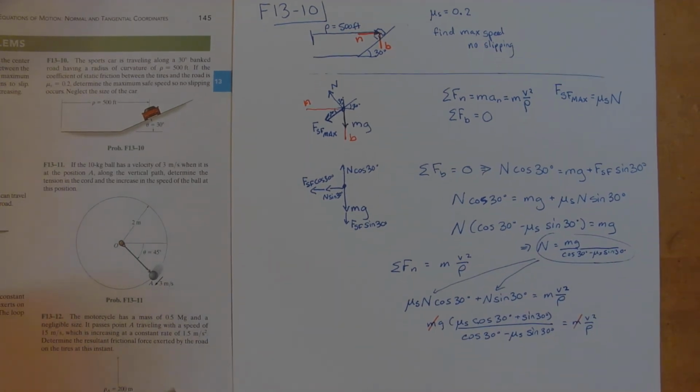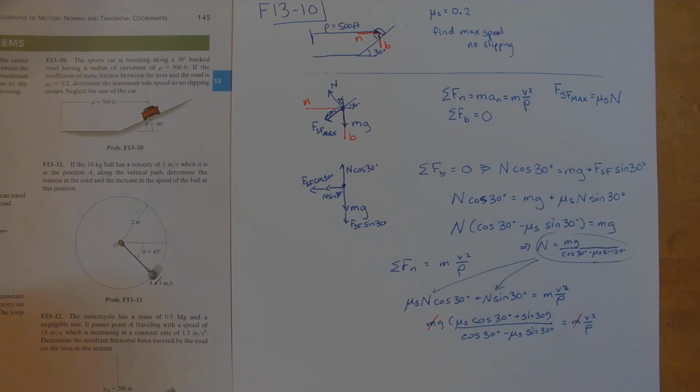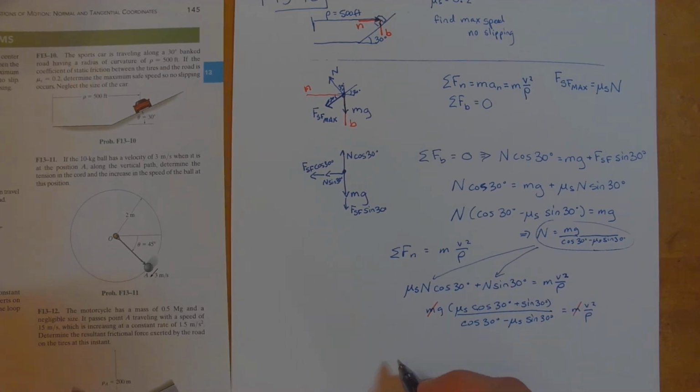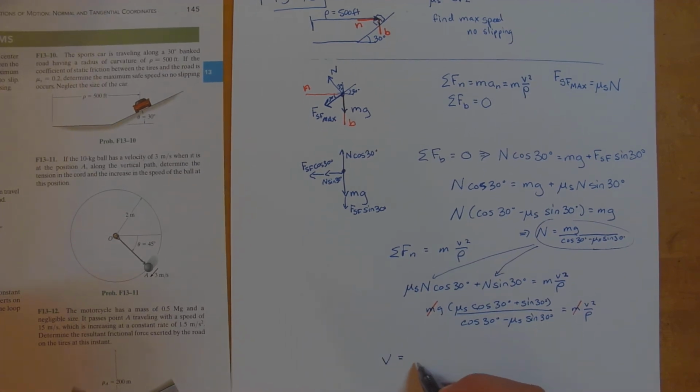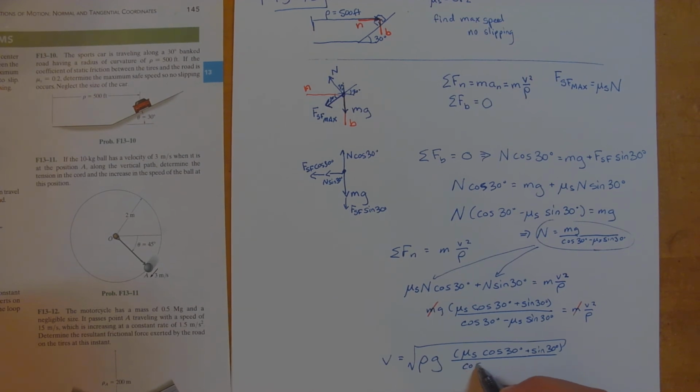So to find v, which is the maximum speed because we use the maximum value for the force of static friction, I can multiply both sides by rho and then take the square root. So v is equal to the square root of rho times g, times (coefficient of static friction times cosine of 30 degrees plus sine of 30 degrees) divided by (cosine of 30 degrees minus coefficient of static friction times sine of 30 degrees).